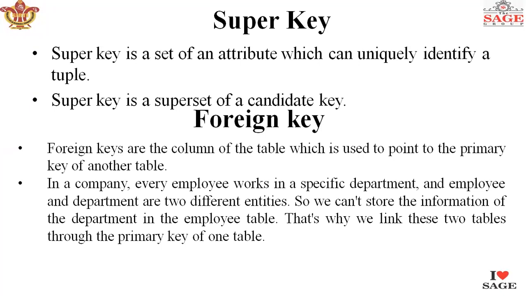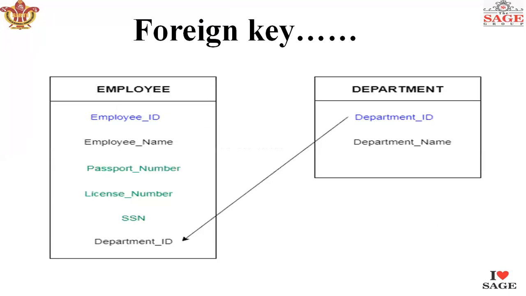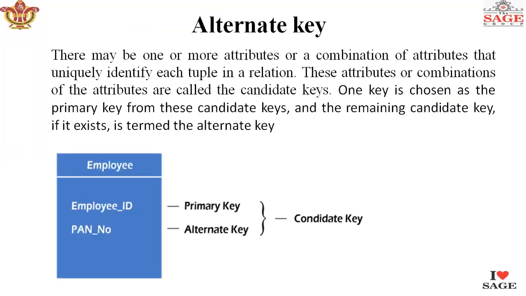That's why we link these two tables through the primary key of one table. Here you can see a table so you can better understand what I am trying to say. In the employee table, department ID is the foreign key, and both tables are related. The department ID is the foreign key for that table.